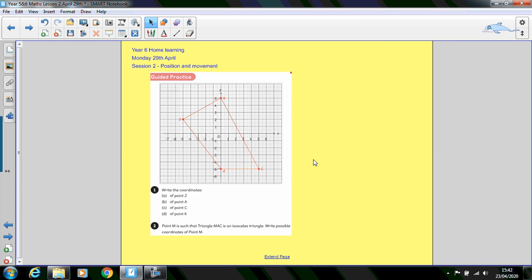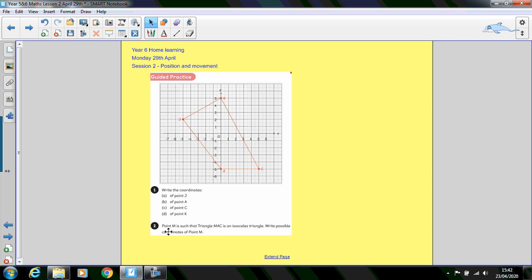What I'd like you to do now is to have a go at the guided practice. It asks you to write the coordinates of point B, point A, point C, and point K. And then point M is such that triangle MAC is an isosceles triangle.